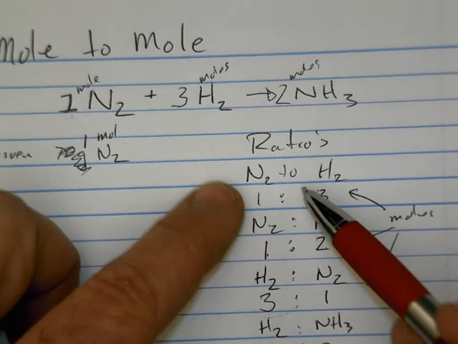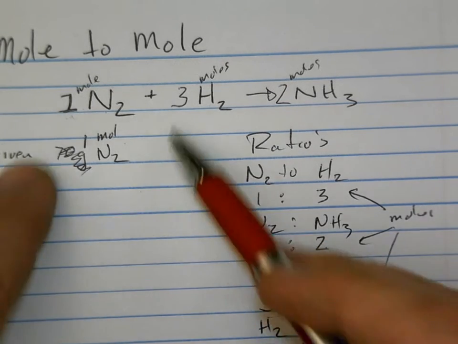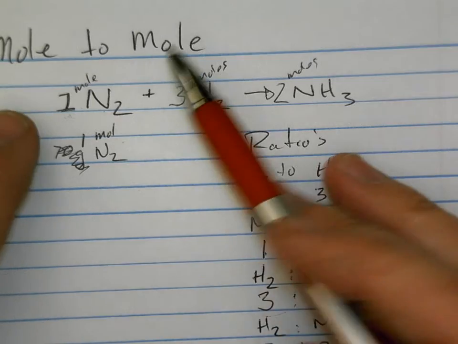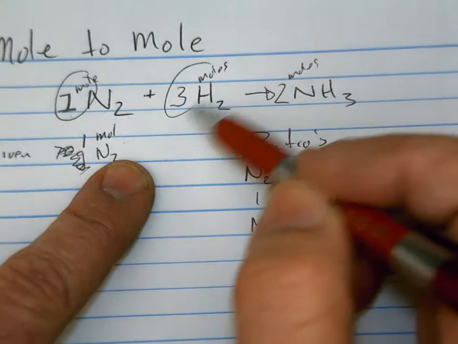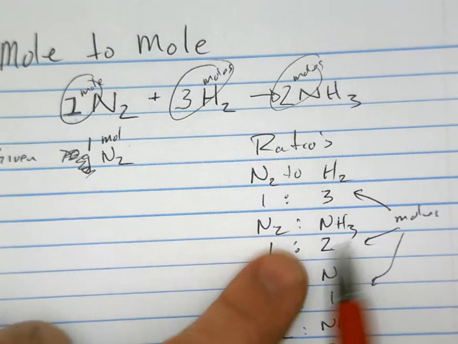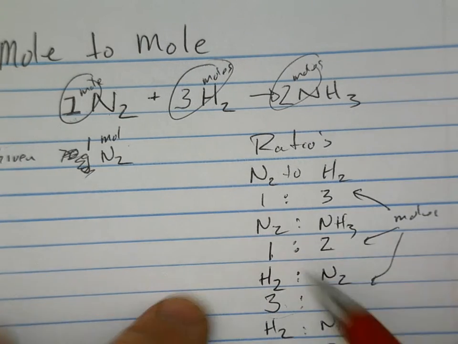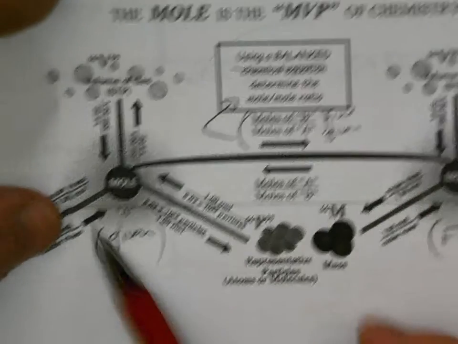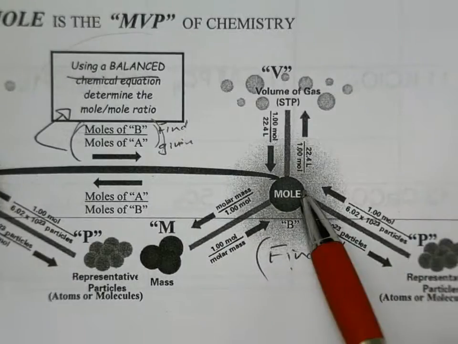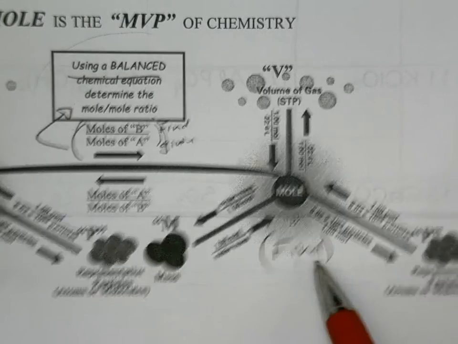This is key because once we've converted these chemicals to moles, the number of moles in the balanced equation, we set them up, we find the ratios, turn them into a conversion factor, and it allows us to leave what we were given and jump to the chemical MVP triangle for the chemical we're trying to find.